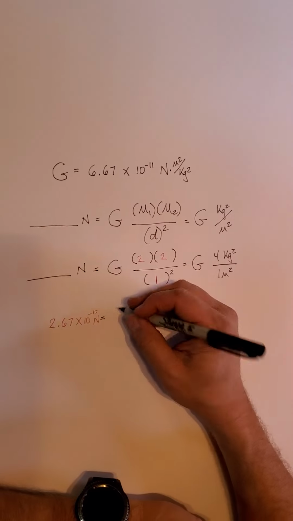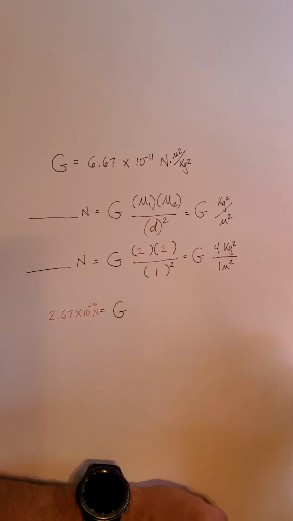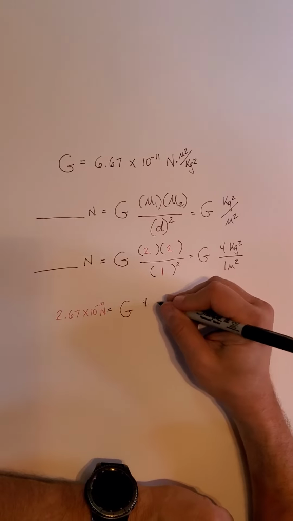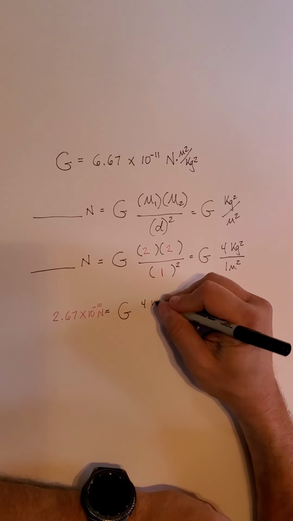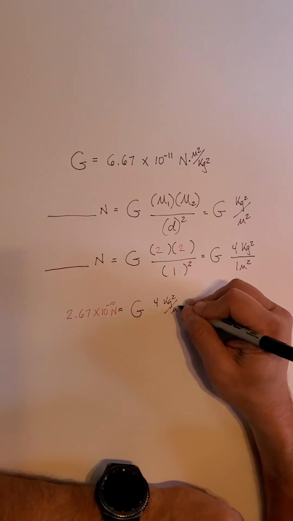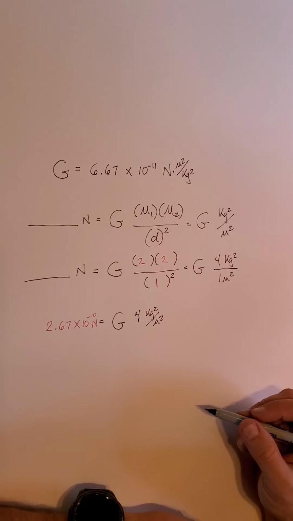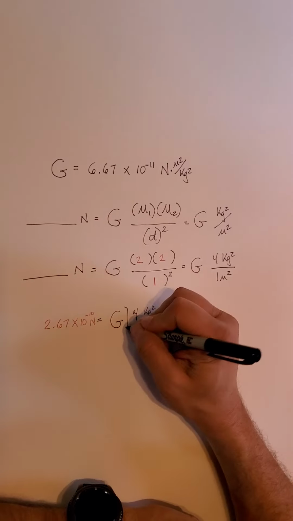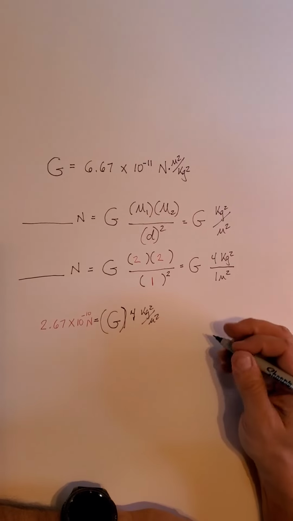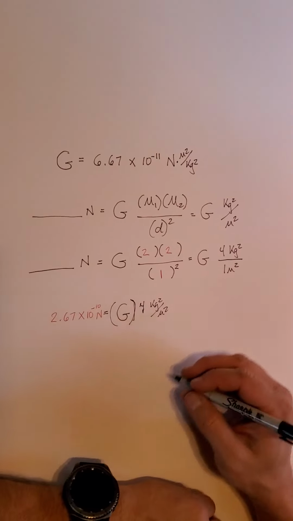Now, I have my value of G, and then I would have my 4 kilograms squared over meters squared, and that would be your 4 divided by 1. Now, you want to multiply times big G. So we got to isolate big G and get it by itself.